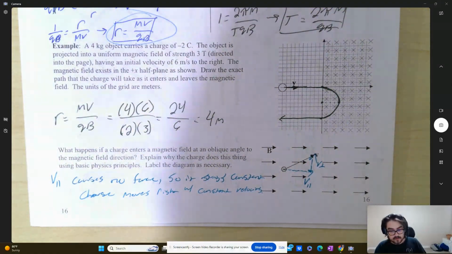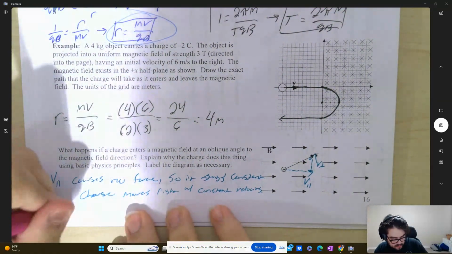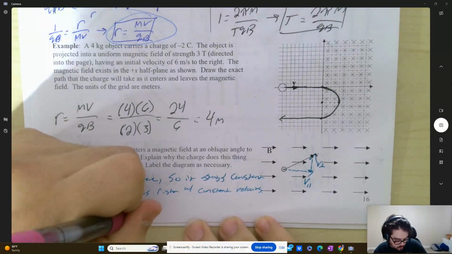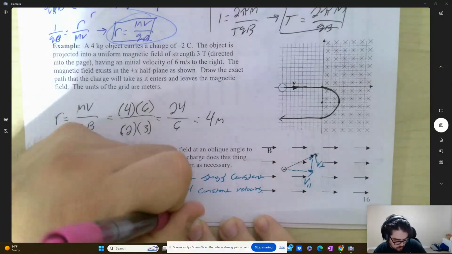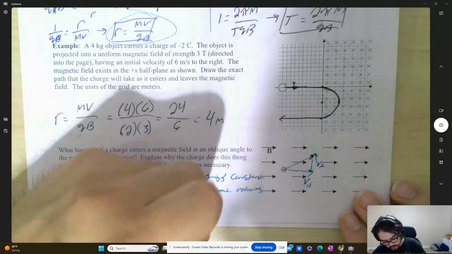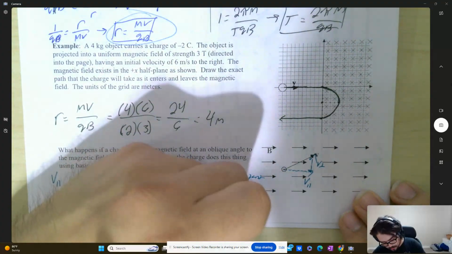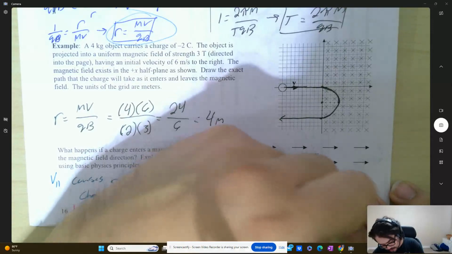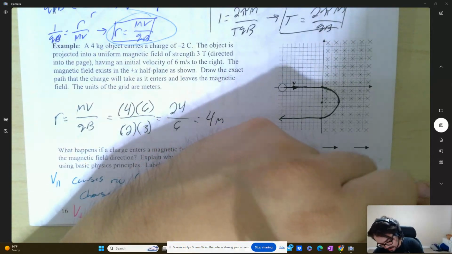However, the vertical component does get acted on. The perpendicular component causes circular motion. So the circle would be perpendicular to B field.